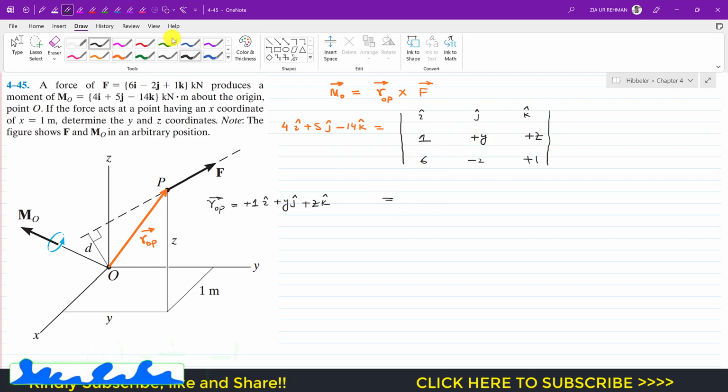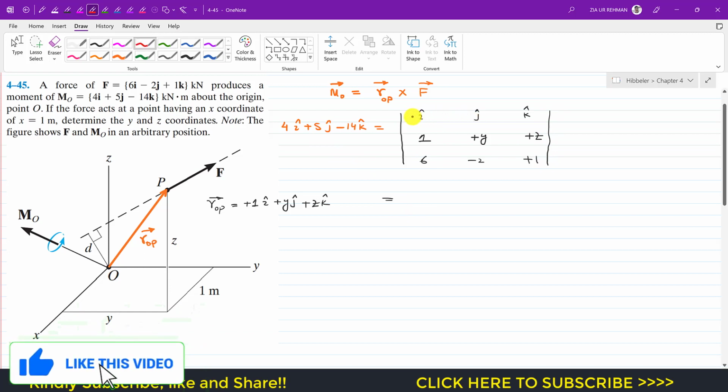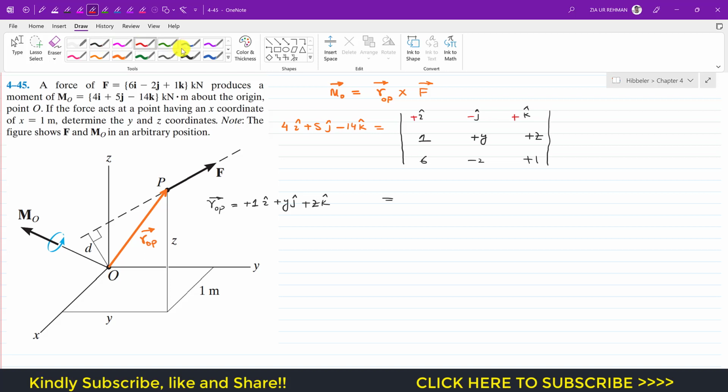Then we can find this determinant by considering the signs as plus i, minus j, plus k, and then we hide the row and column. So for i, this is y into plus 1 is y, and then minus z into minus 2.